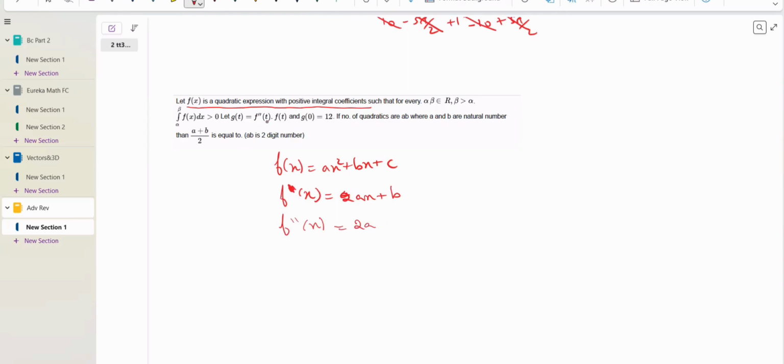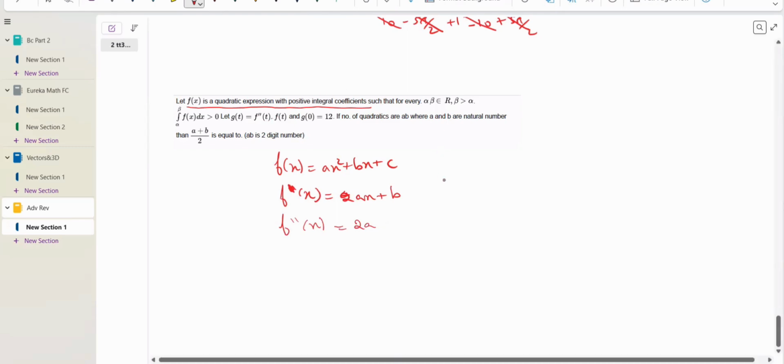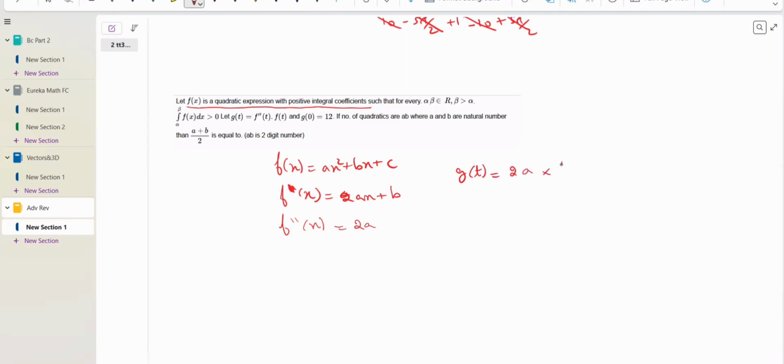So whether they put f double dash of t or f double dash of x doesn't matter. So g of t, as they mentioned, is going to be 2a into (at square plus bt plus c). And g of 0 is 12, so 2ac is 12, so ac becomes 6.